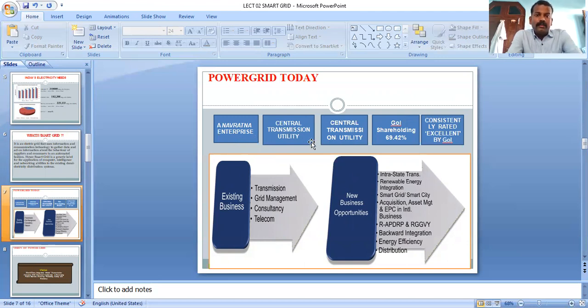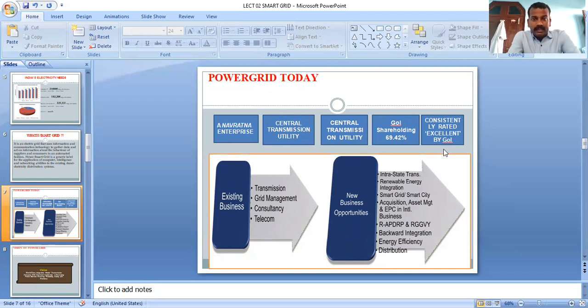Second, central transmission utility. This is the single transmission utility of the central government. Third, the government of India shareholding in this utility is 69.42%.